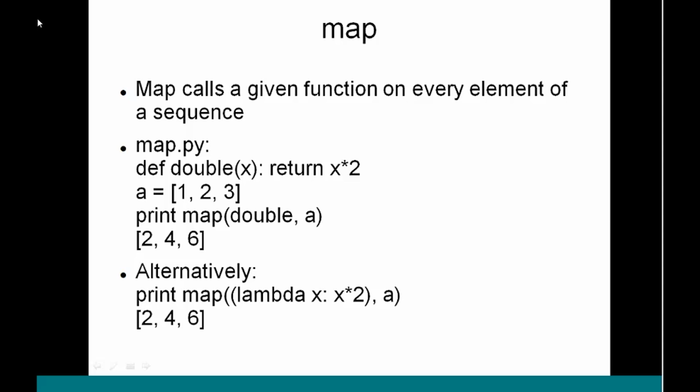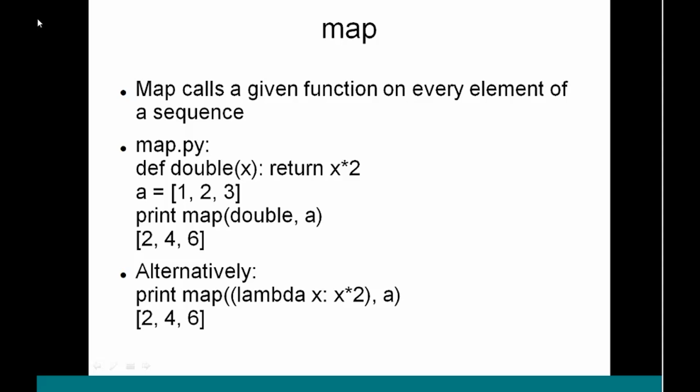If additional iterable arguments are passed, the function must take that many arguments and is applied to the items from all iterables in parallel. If one iterable is shorter than the other, it is assumed to be extended with None items.